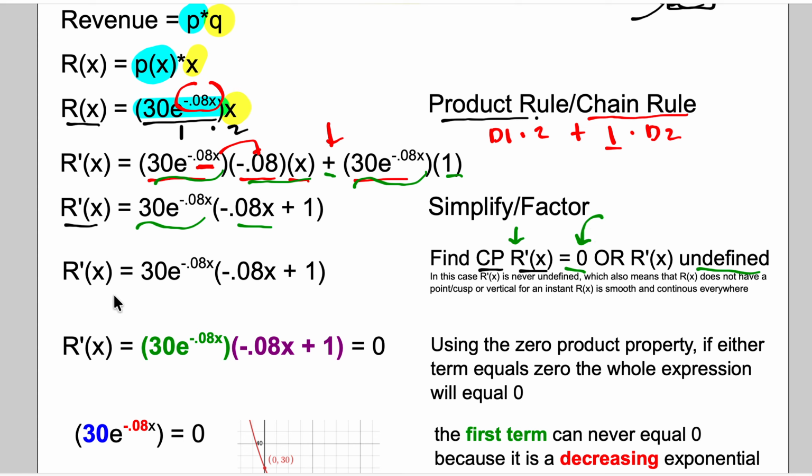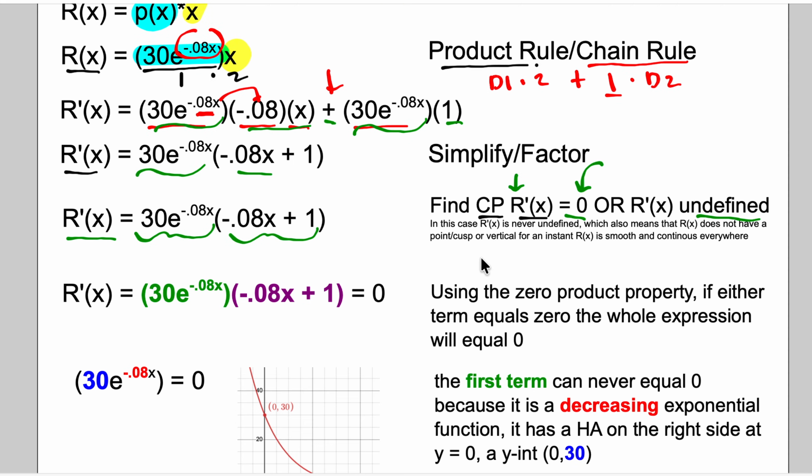So when I look at my marginal revenue function here, I have these two functions. This is an exponential function, and this is a linear function. And if I want to set it equal to 0 to find the critical points, then I just do that here.